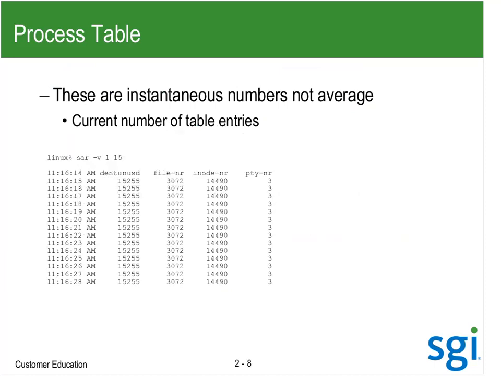So here I was using a sar -v. These are instantaneous numbers, not an average, but this is showing me how many directory entries I have, how many files are open, and how many inodes. And again, this stuff is in the slab.